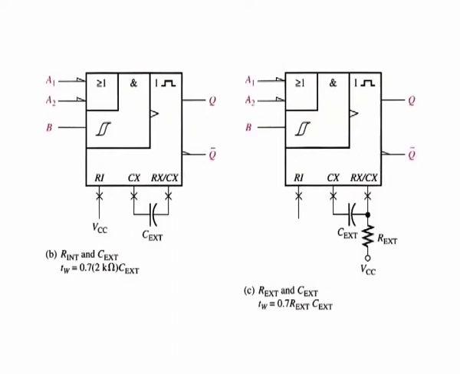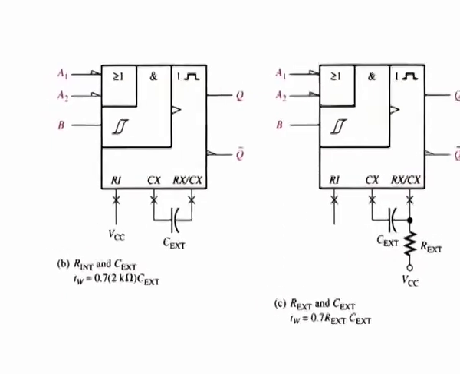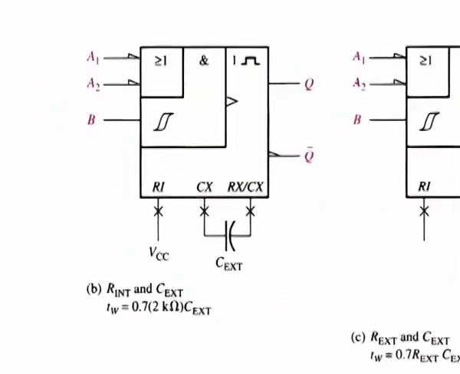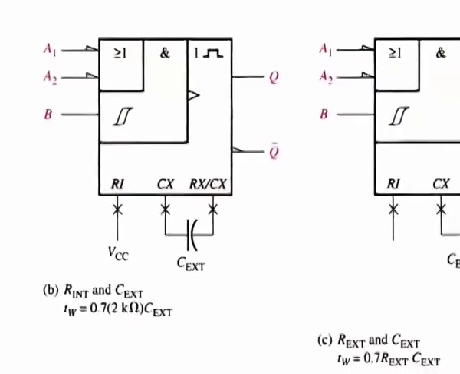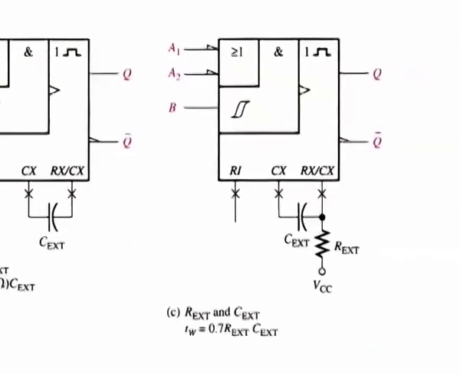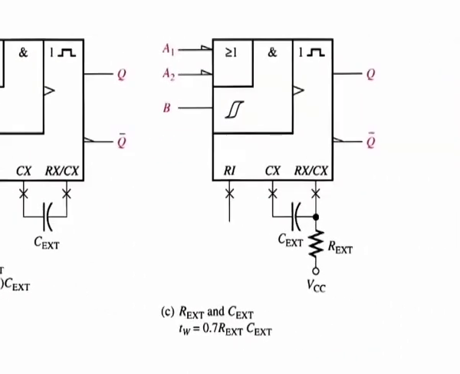The pulse width can be set anywhere between about 30 nanoseconds and 28 seconds by the use of external components. Part B of the figure shows the configuration using the internal resistor and external capacitor. Part C shows the configuration using an external resistor and an external capacitor.